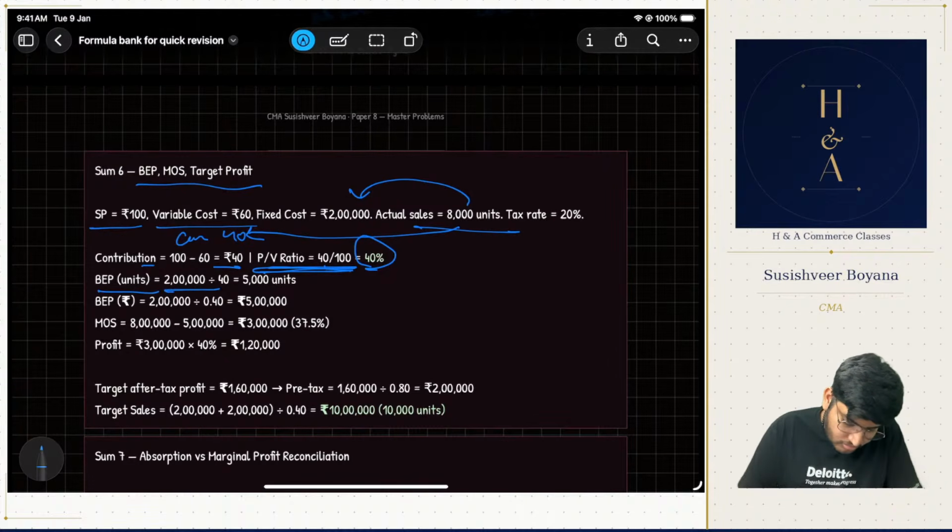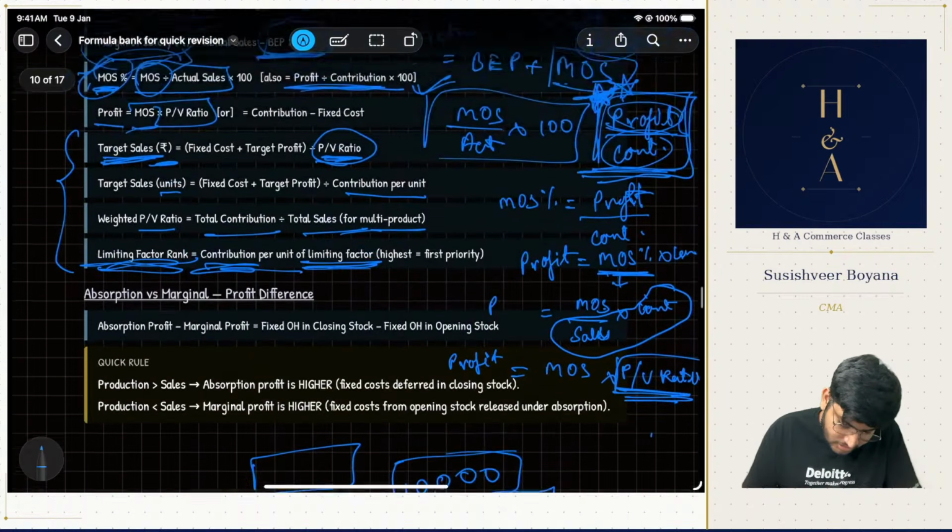BP equals 2 lakhs, that is the fixed cost, divided by the PV ratio, 0.4. We get 5 lakhs. So MOS is going to be actual sales, 100 into 8,000, 8 lakhs, minus BP, that is 5 lakhs, so 3 lakhs. Profit is 3 lakhs into 40%. Did we not just talk about it?